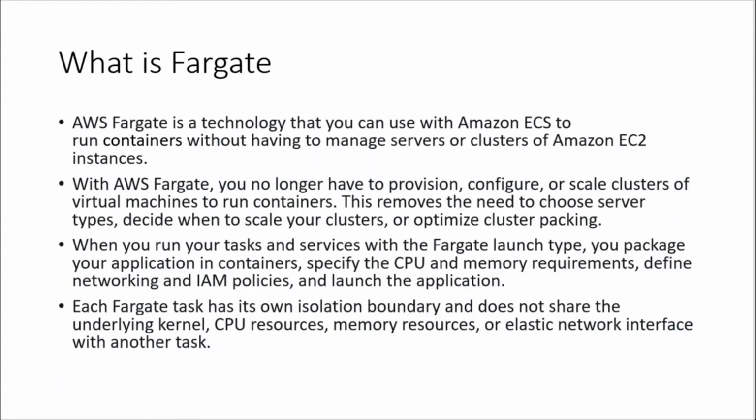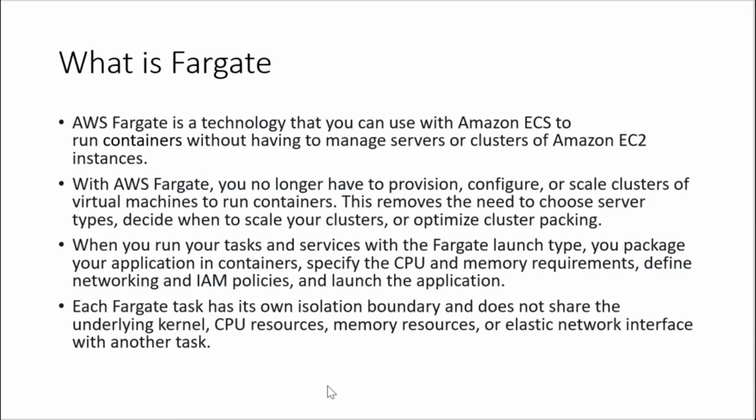When you run any task or service with the Fargate launch type, you need to choose Fargate as the launch type. I will show you where I have chosen this. Then you package your application in containers and specify the CPU and memory requirements to run on Fargate. That I have already shown you in the variables, how much I have defined, along with the networking and IAM policies, which actually run the tasks.